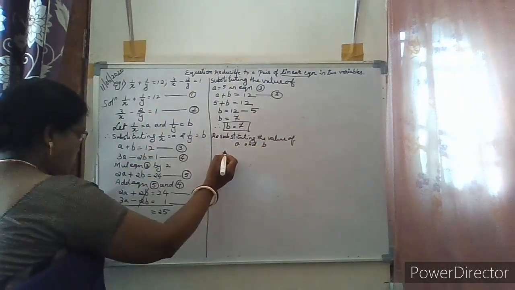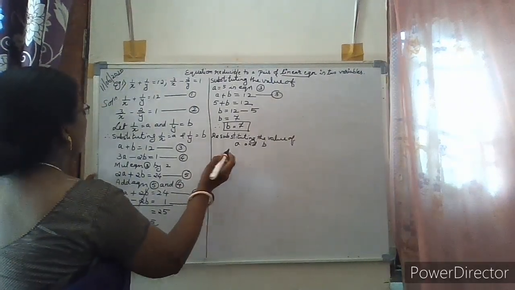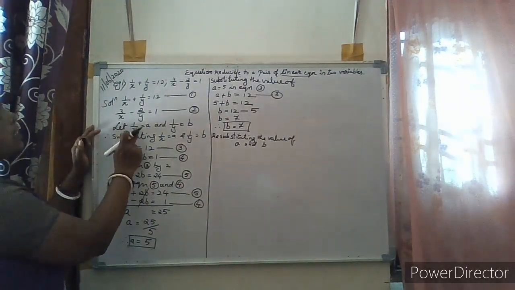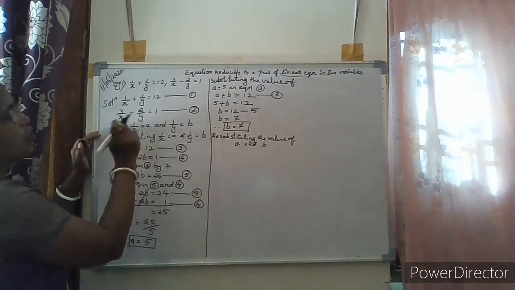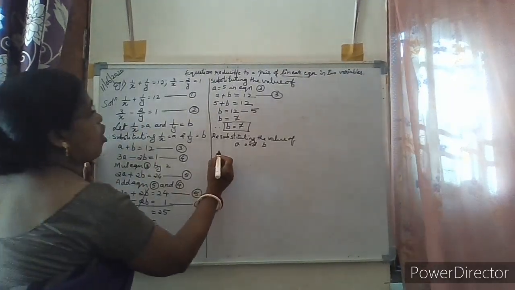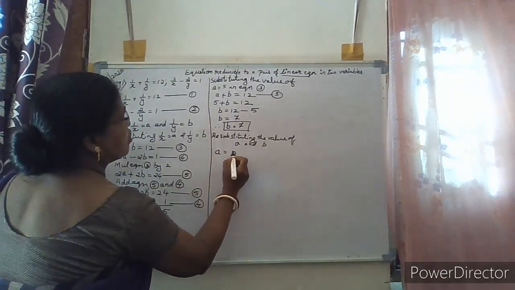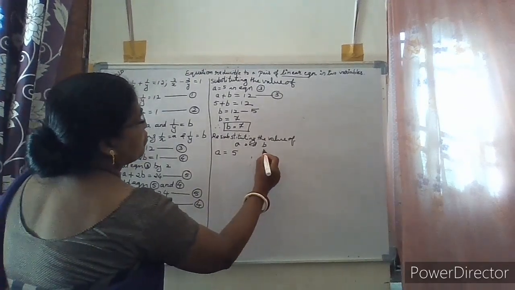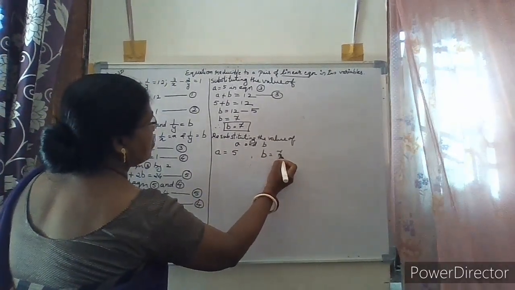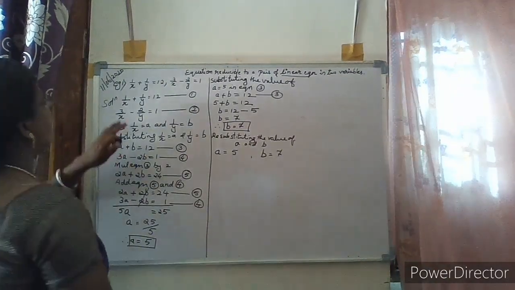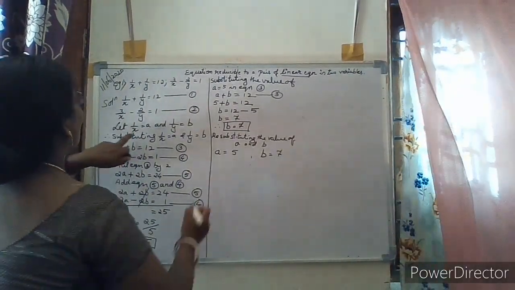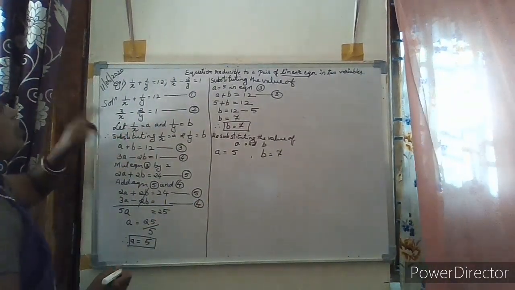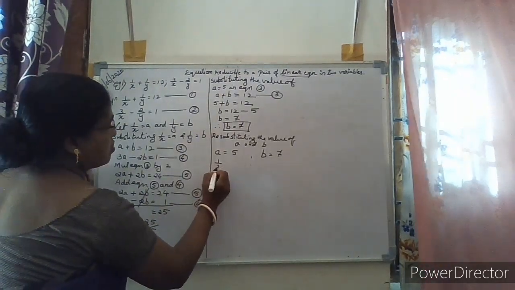So look here. We have taken let 1 by x is equal to a. We have got a value is equal to 5 and b value is equal to 7. But what is a? A is equal to 1 by x.